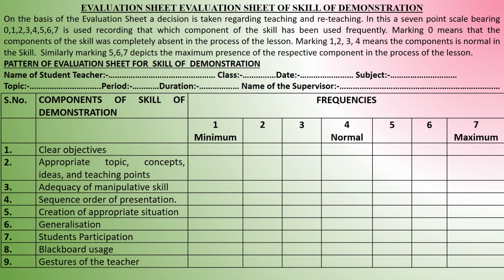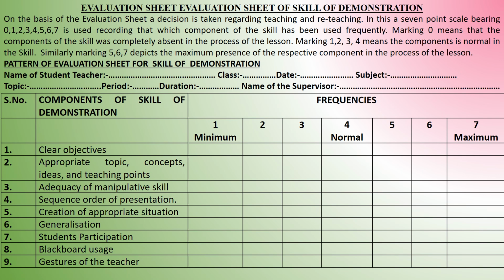After the observation schedule for demonstration skill in micro teaching, the next is the evaluation sheet. On the basis of the evaluation sheet, a decision is taken regarding teaching and reteaching. In this, a 7-point scale is prepared bearing 1, 2, 3, 4, 5, 6, 7 for recording which component of the skill has been used frequently.